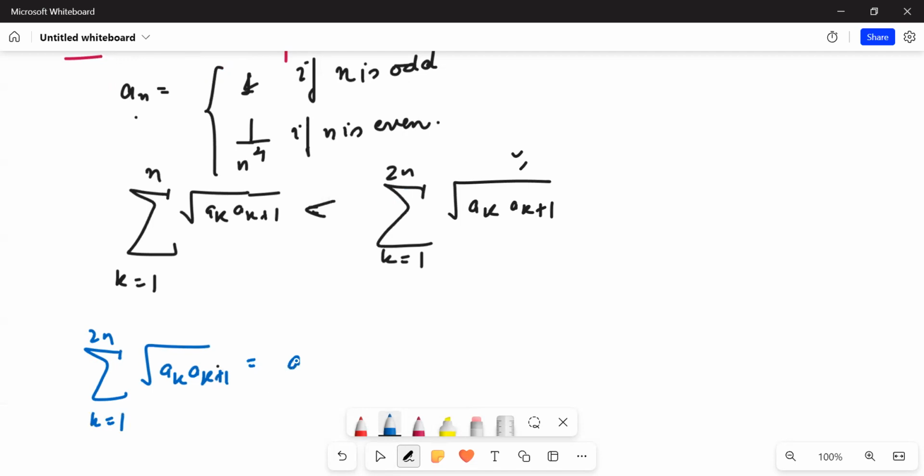It will be equal to root over a1 a2 plus root over a2 a3 plus root over a3 a4. If I place k equal to 1, this is root over a1 a2. If I place k equal to 2, this is a2 a3, and so on and so forth.